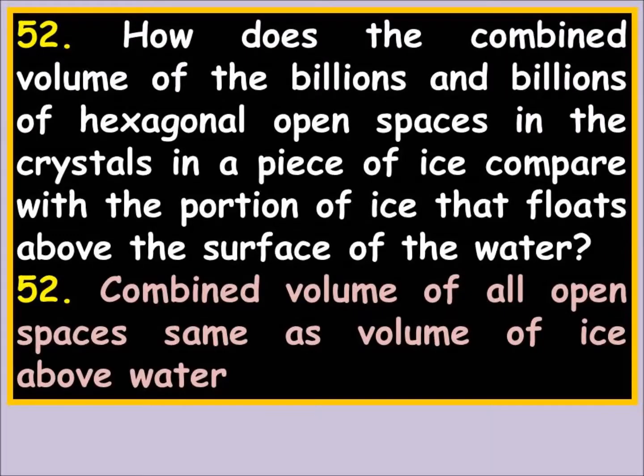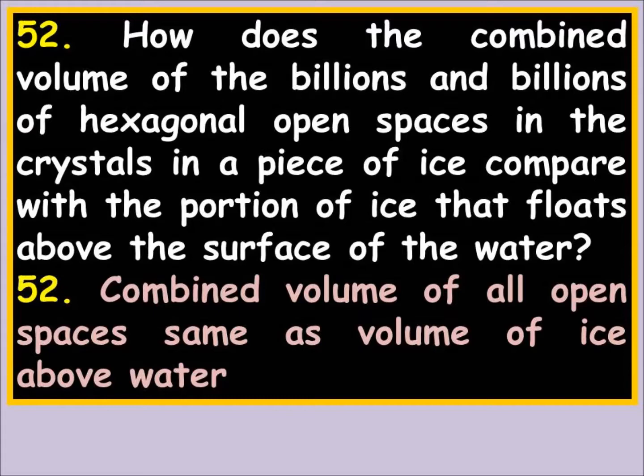How does the combined volume of the billions and billions of hexagonal open spaces in the crystals in a piece of ice compare with the portion of ice that floats above the surface of the water? Combined volume of all open spaces, same as the volume of ice above water. And that should be pretty consistent with our study of fluid dynamics.